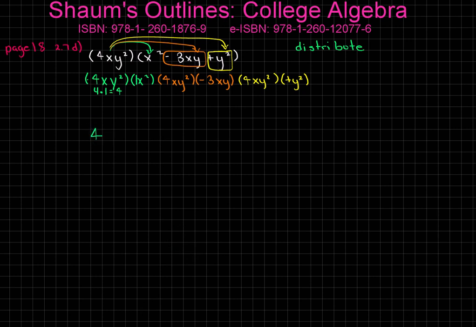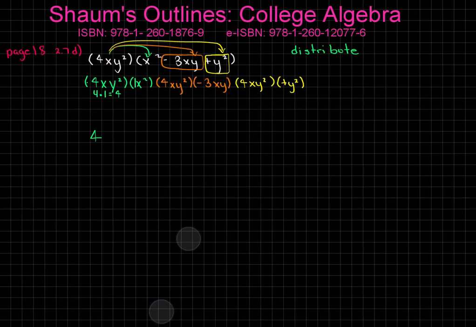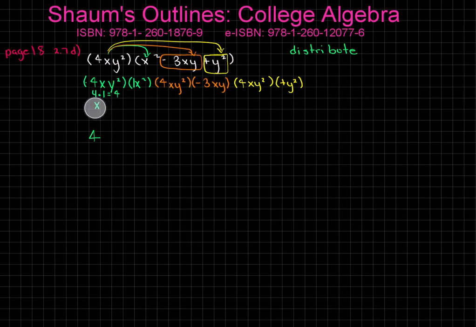So for my numbers part, I get 4. Now for my x's, I have x. And if I don't have anything on the little powers portion, I put an imaginary 1. So I have x to the 1 times x to the 2.